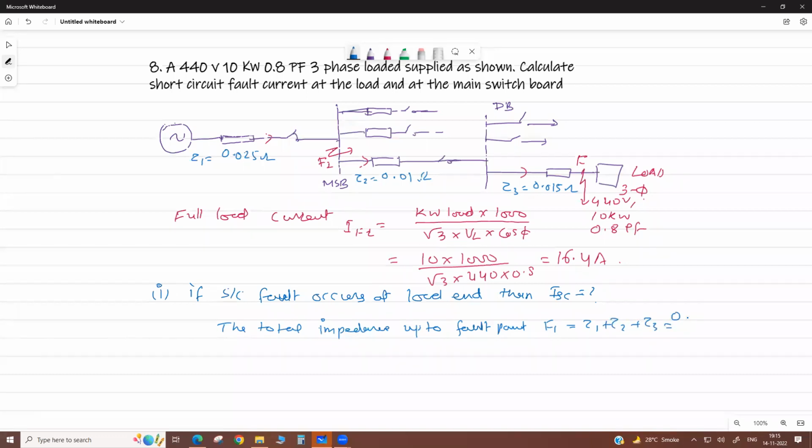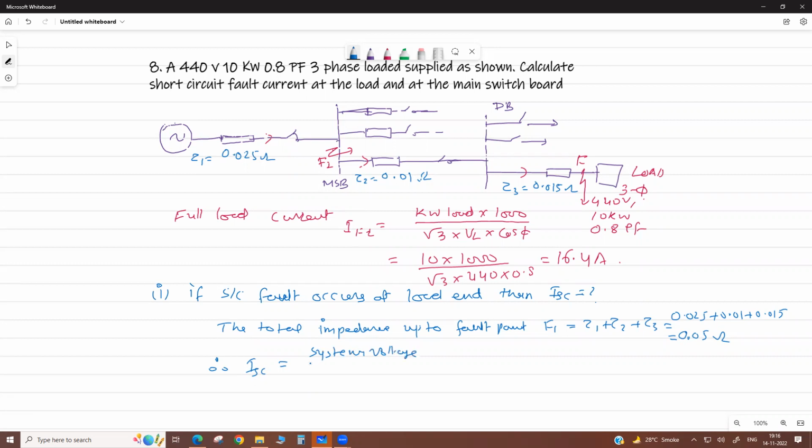It comes to 0.025 plus 0.01 plus 0.015. So this total comes to 0.05 ohm.